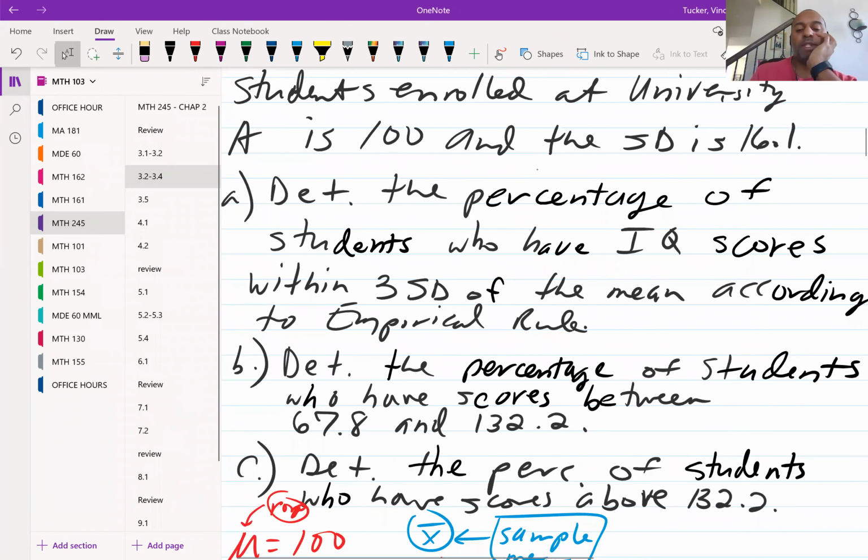And then C, determine the percentage of students who have scores above 132.2.